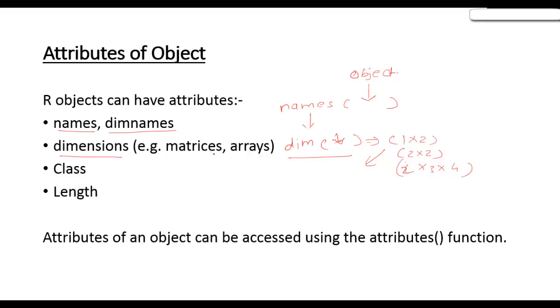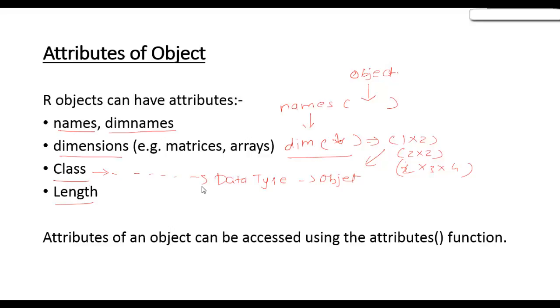Then there are class and length. Class is a very important attribute of any object. Class shows basically the data type of the object.